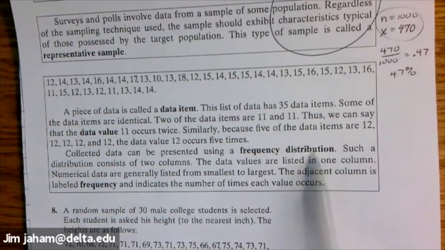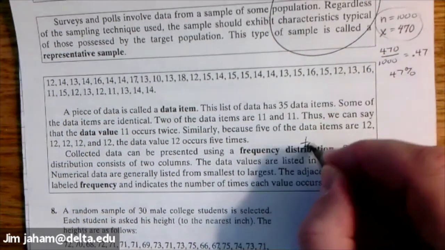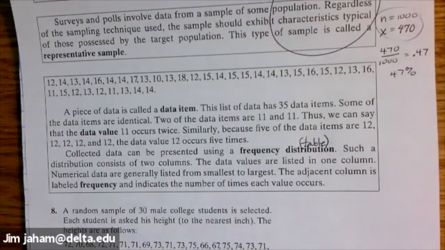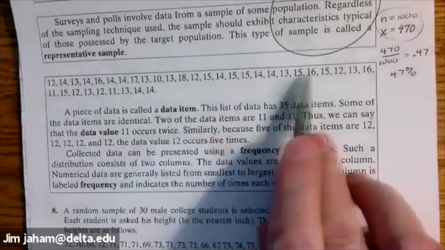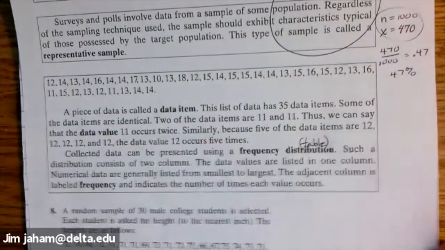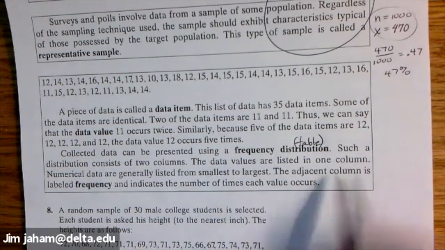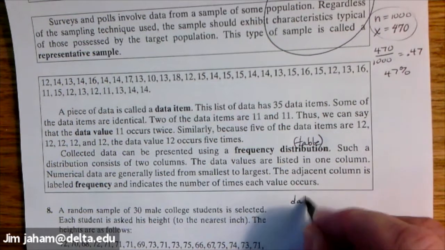And you can think of a frequency distribution as a frequency table. It's really a table of values, but the columns are such that it summarizes all the data that are kind of spread out all over the place, like this. So the data values are listed in one column.